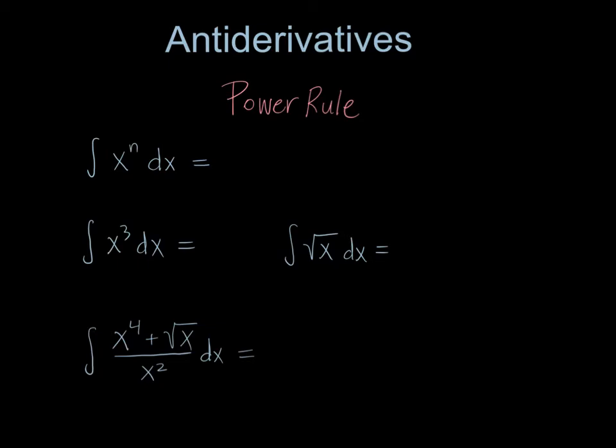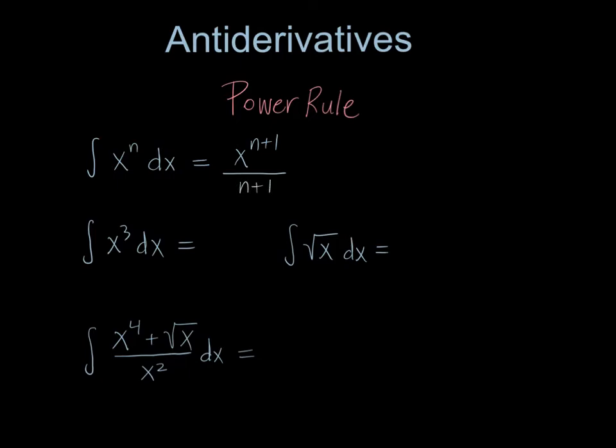Okay, so just like when we started derivatives, we started with the power rule and then we moved on to the basic trig rules. The power rule for antiderivatives is just the way we undo the process of taking a derivative. It's the opposite. Instead of dropping the n down in front and decreasing it by 1, we're going to increase it by 1, make it x to the n plus 1, and then we're going to put an n plus 1 in the denominator.